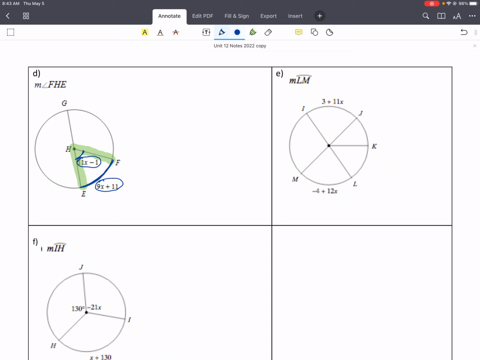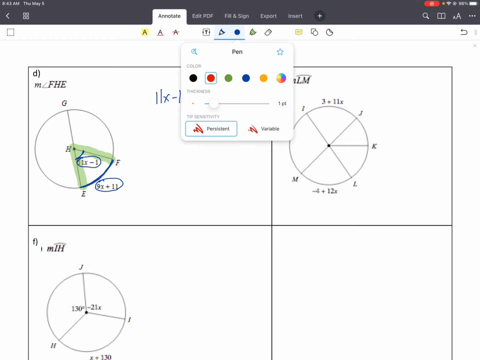But the angle is equal to the arc, so we can just set those two equal to each other. So we can do 11x minus 1 is equal to 9x plus 11.